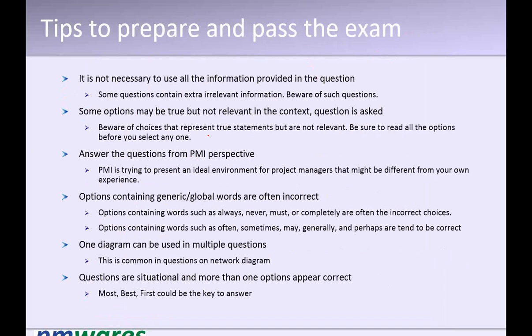Basically I am talking about how you can tick the right options, and if you are not very sure, how you make an intelligent guess, not a blind guess. These things will help you answer correctly.